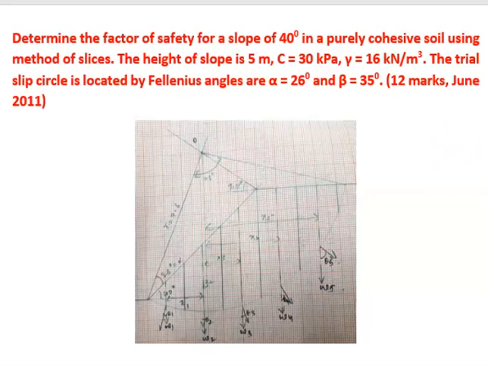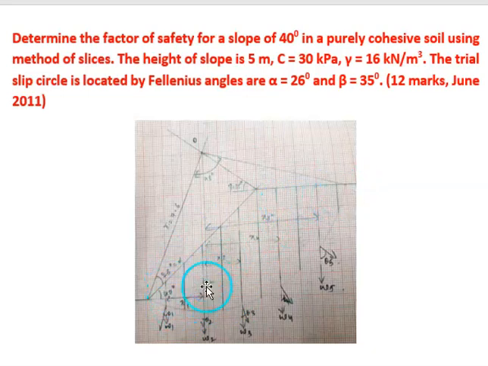Then after finding the delta and R values, we have to divide this sliding soil mass into n number of slices. To find the W and X bar values, we have to use the method of slices, for which we have to divide the sliding soil mass into n number of slices.